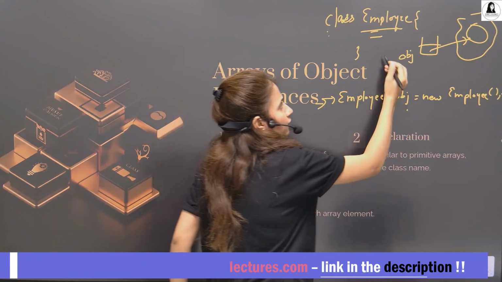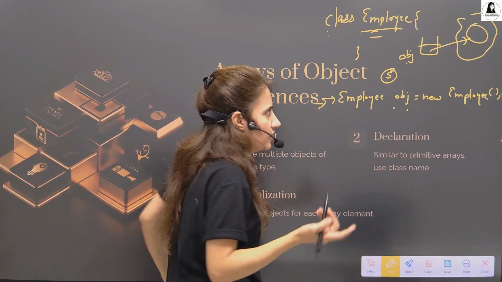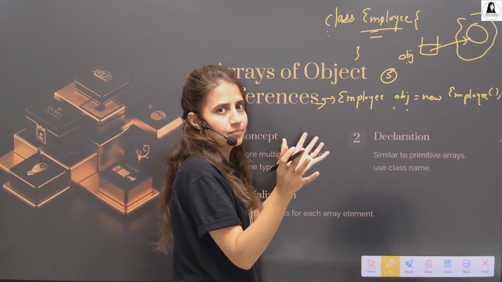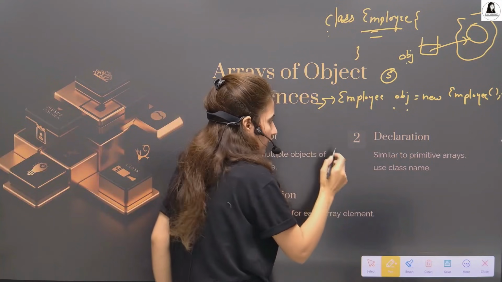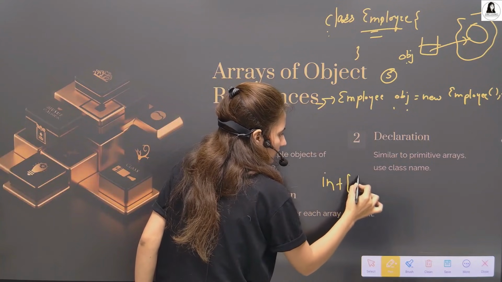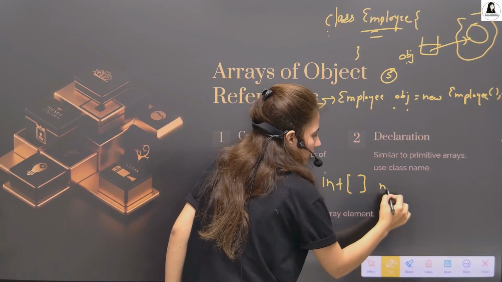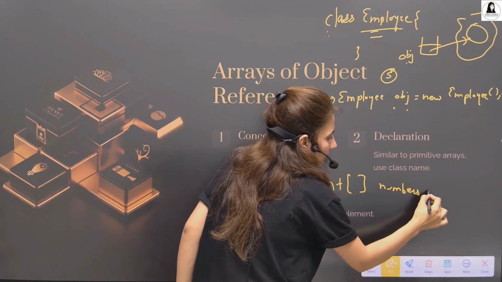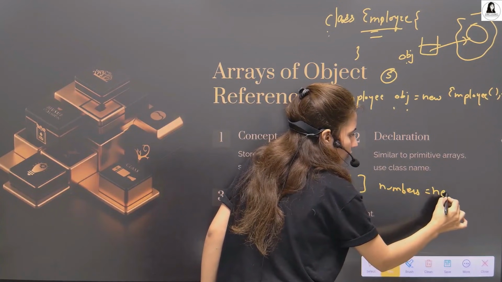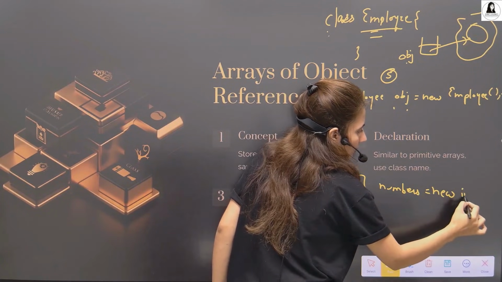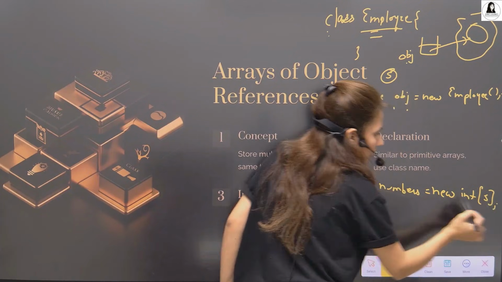So now if you want to create five object references, the syntax is almost the same. Here we write the data type, then the brackets, then the array name. Suppose I take numbers, then at the same time you can instantiate it with new, and here again the data type, and the size of the array.